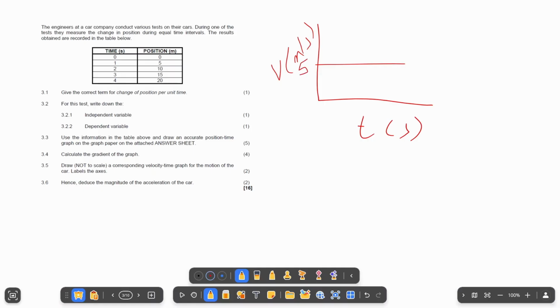And what is the value here? The value is 5. Here you can put your 0, it's fine. But now you see the velocity is 5 and it does not change with time. It stays constant throughout until 4 here.